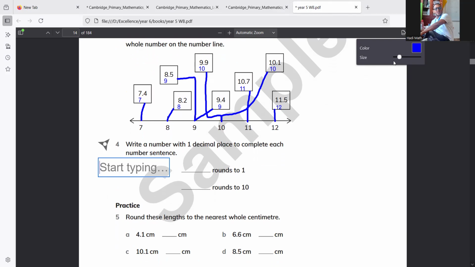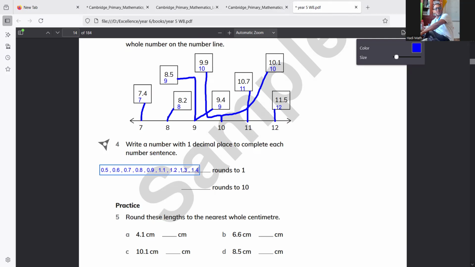Like you could start with the 0.5, which is the smallest number. Then you can go to 0.6, also rounds to 1. Then you can go to 0.7, then 0.8, then 0.9, then like 1.1, then 1.2, then 1.3, and you can go to 1.4.